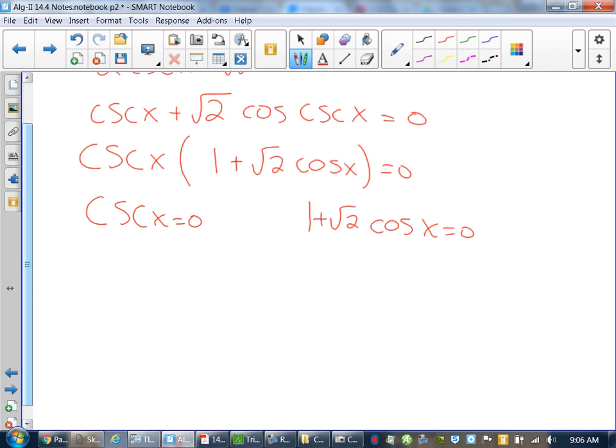All right, so I have cosecant of x equals 0, which means, excuse me, it's the inverse of sine. And then the other one's going to be what angle? This could be cosine.